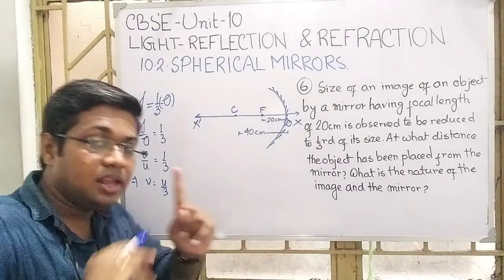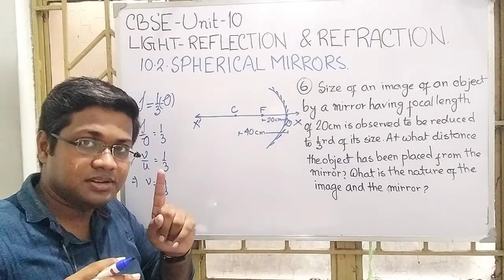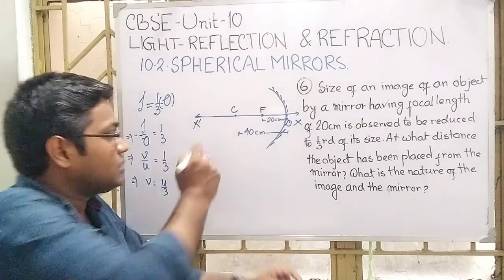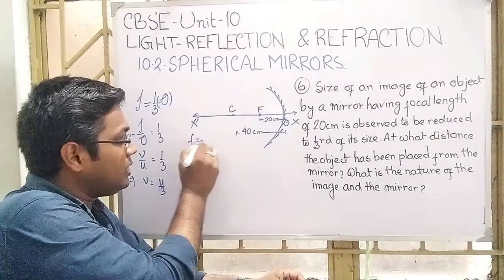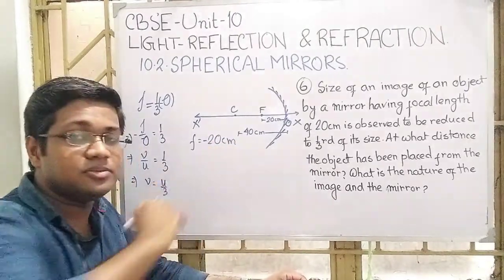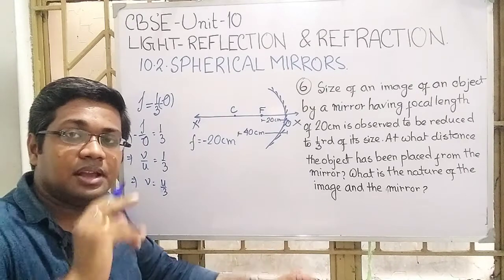We have only one piece of information, that is the focal length is 20 centimeter. So you can write this down: focal length is minus 20 centimeter according to our sign convention.